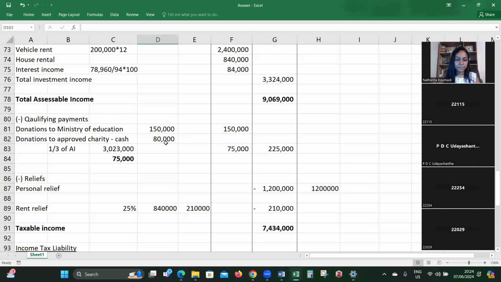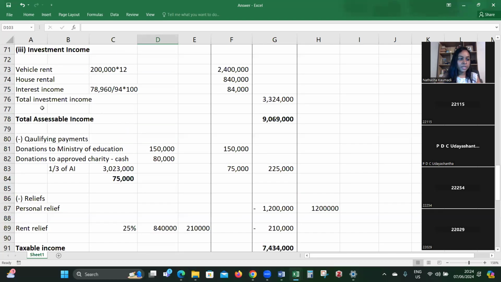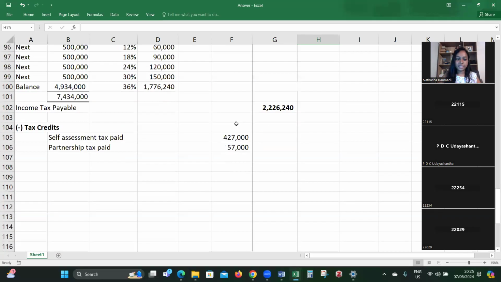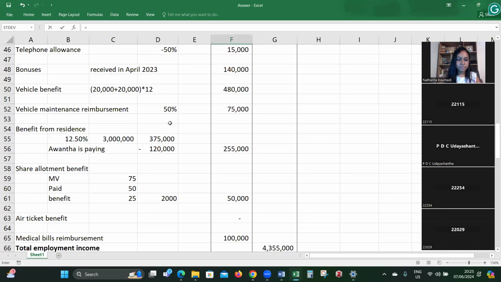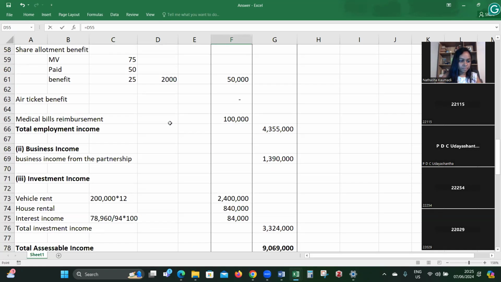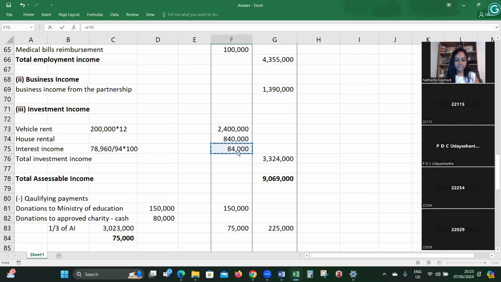We have calculated it. What is the gross interest income? 84,000, right? 84,000 multiplied by 6%, 5,040. That amount, we can take it here. So here, AIT on interest, already the bank has deducted. Our gross interest income is 84,000 multiplied by 6%.